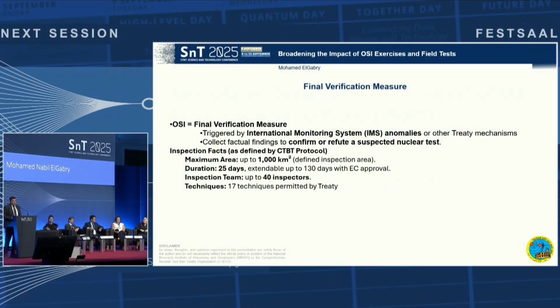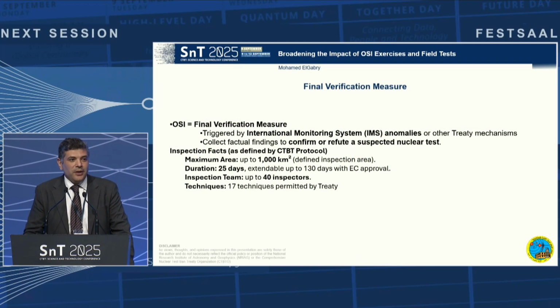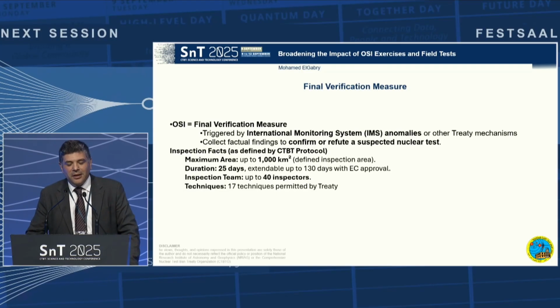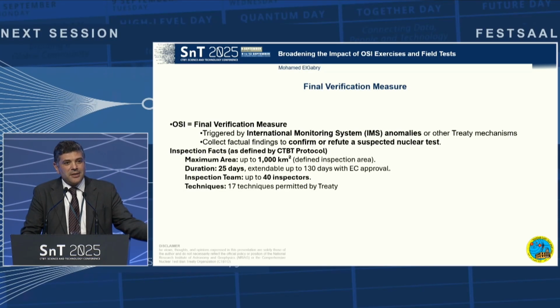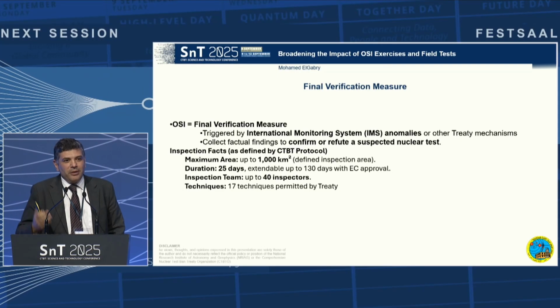As most of you know, OSI is a final verification measure. It comes at the end, after several layers of verification, from confidence-building measures to consultation and clarification, IMS data, and if we didn't succeed in being clear about an event which is suspicious, then we go to OSI.